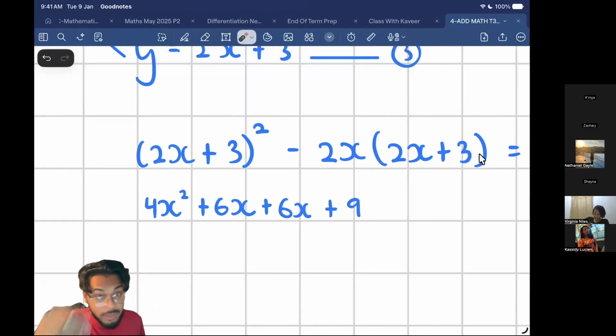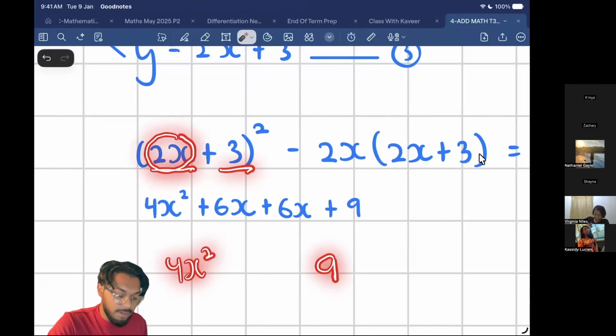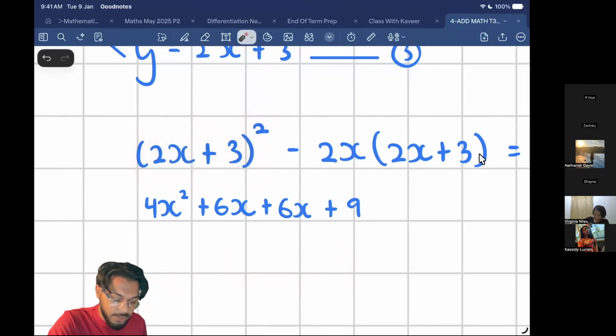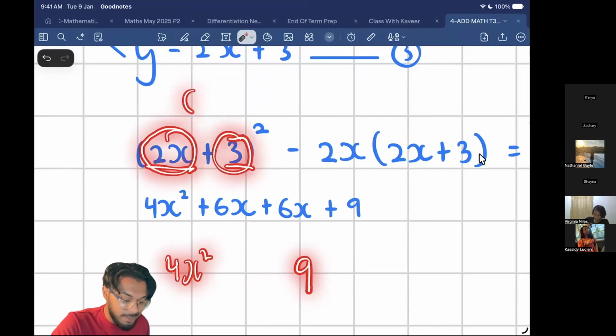Here's a hack if you want to do it really, really fast. Square this, that'll be 4x squared. Square this, that'll be 9. In the middle, 2x by 3 is 6x, multiply that by 2, 12x. You square this to get 4x squared, you square this to get 9, then you multiply this by this, 6x, and multiply that by 2, 12x.